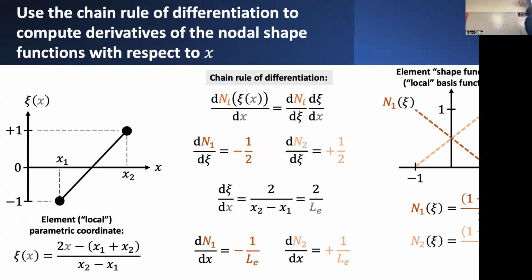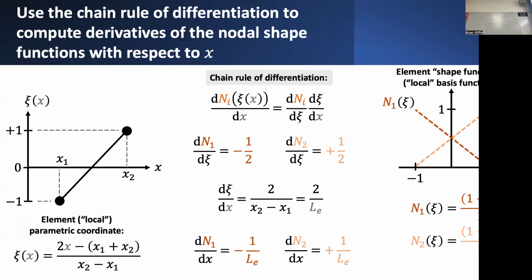Well, if we want to compute the derivative of, let's say, N1 with respect to X, we can use the fact that N is a function of C, but C can equivalently be represented as a function of X. So by the chain rule of differentiation, I can evaluate this derivative by first taking the derivative of N with respect to C, and then the derivative of C with respect to X. Taking the product of those two things gives back exactly the derivative of the shape function with respect to X, the global coordinate. The derivative of N1 with respect to C gives me minus 1/2.